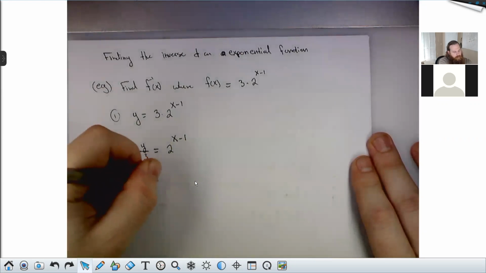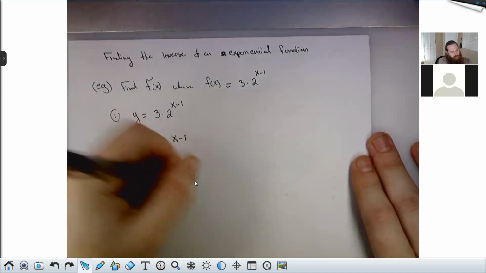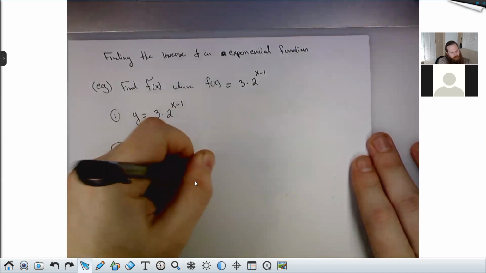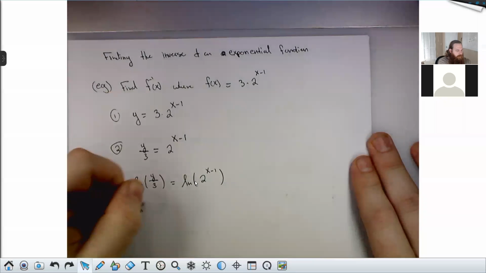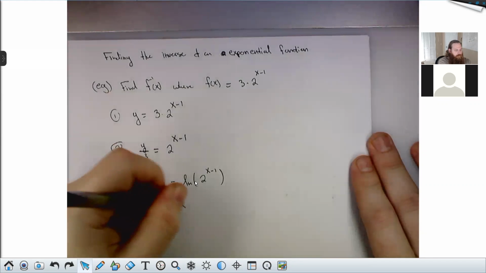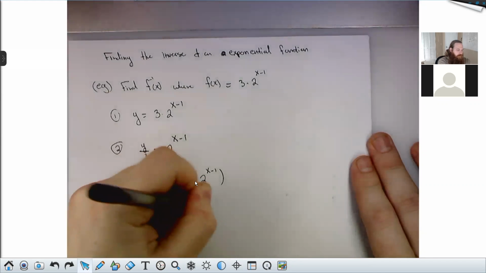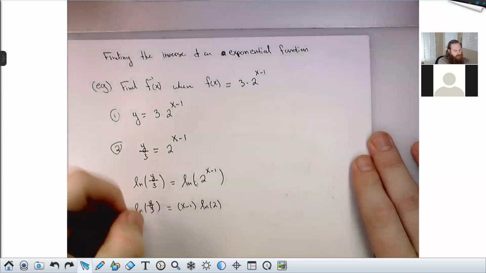So I'd have the natural log of y over 3 equals the natural log of 2 to the x minus 1. So I have the natural log of y over 3 equals x minus 1 times the natural log of 2. And I can divide both sides by ln 2.